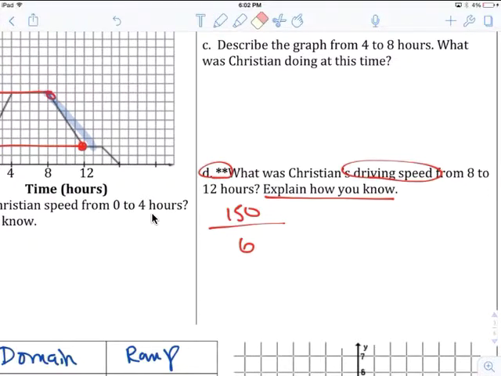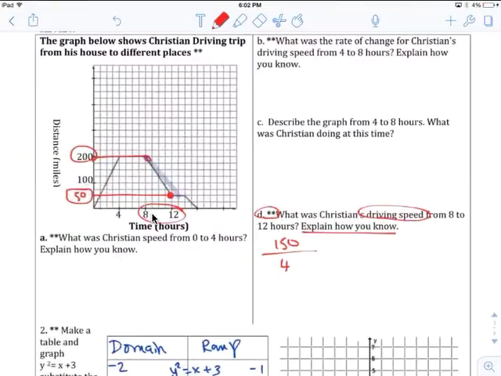Divided by 4, because 8 to 12 is 4 hours. Divide that and you get your answer. You explain how you know, because it's distance over time.